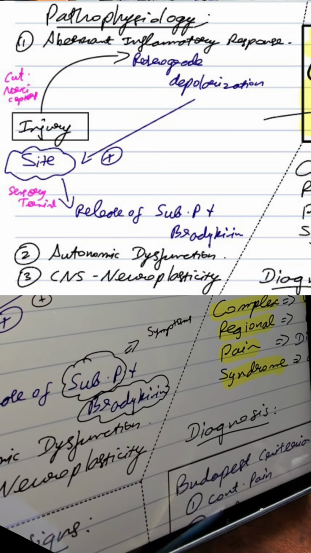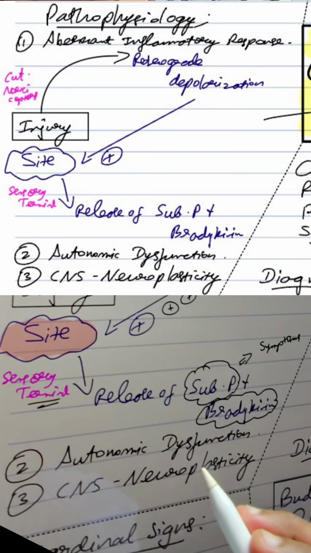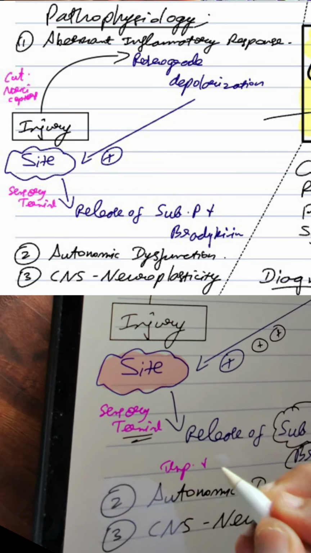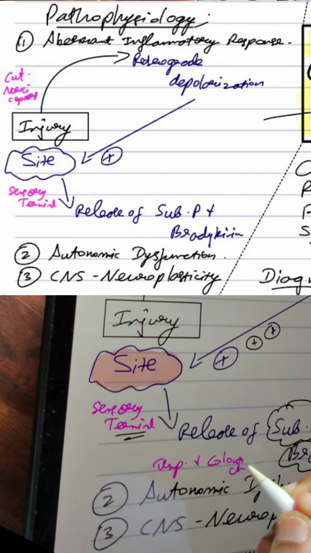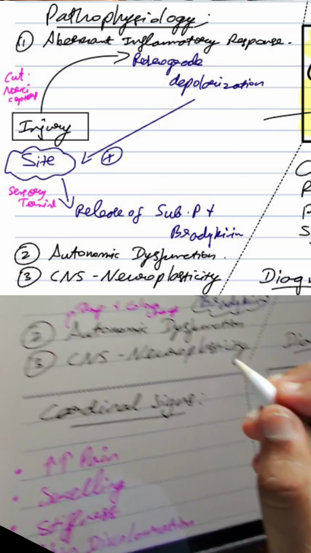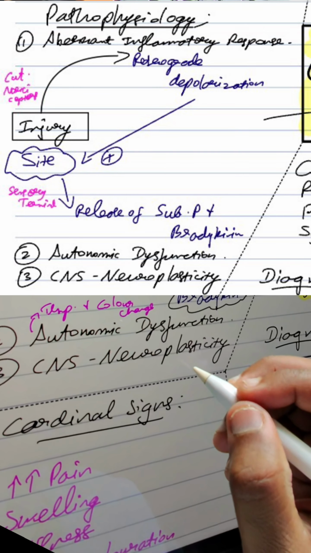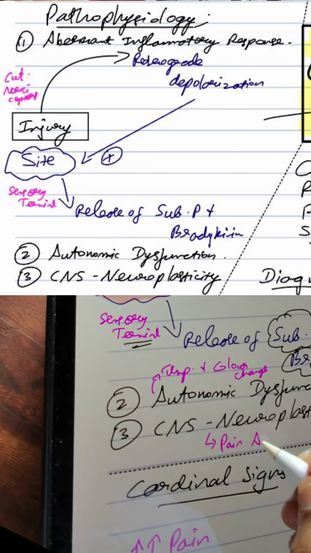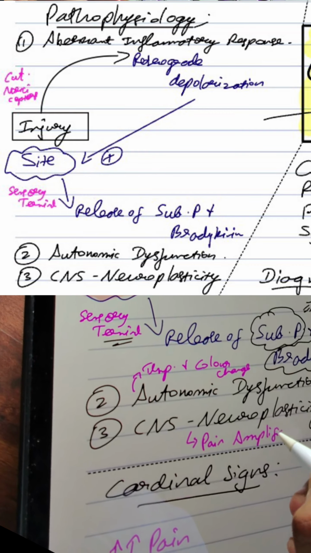There is also autonomic dysfunction, that is, temperature and color change occurs at the site, and there is CNS neuroplasticity, that is, pain amplification.